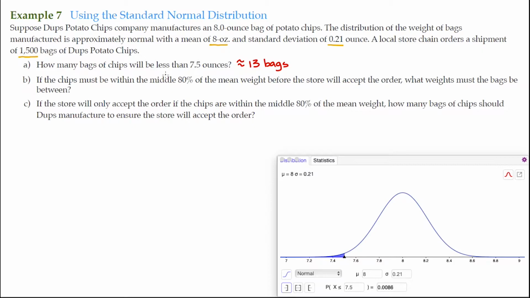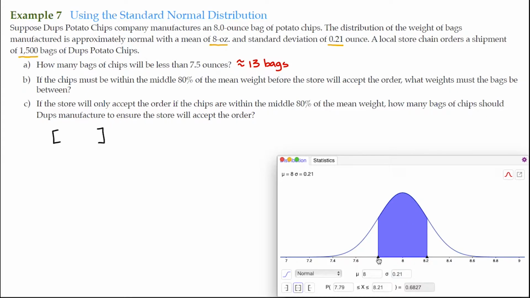So we have to figure out what that interval is. As we look at our probability calculator, this is going to be with some sort of bracket like this. So this is going to be this interval right here. This area, the middle, is centered right over the mean. We want it to be 80%.